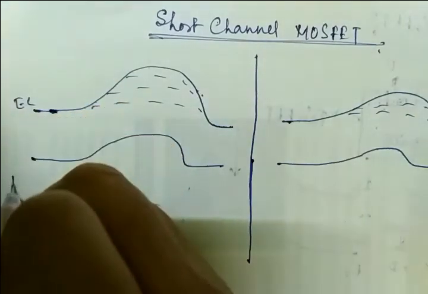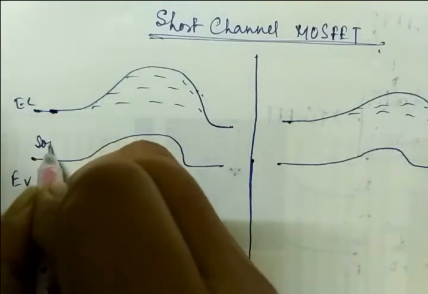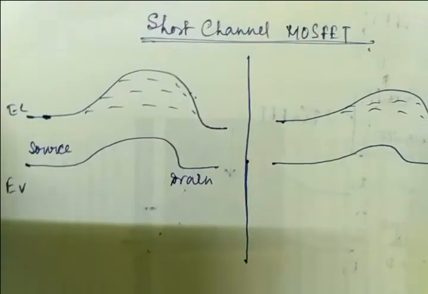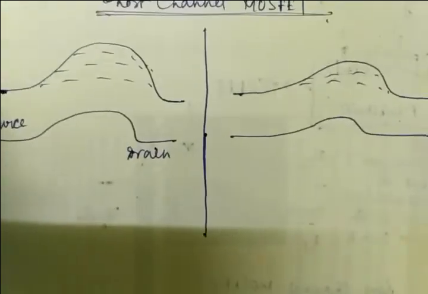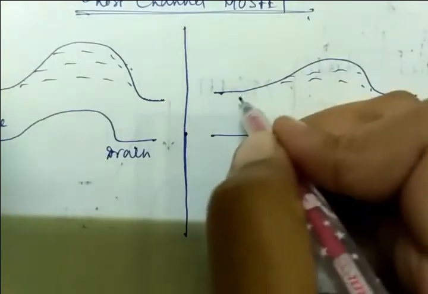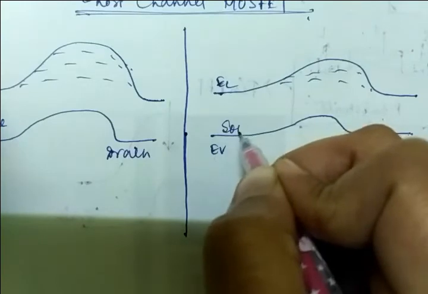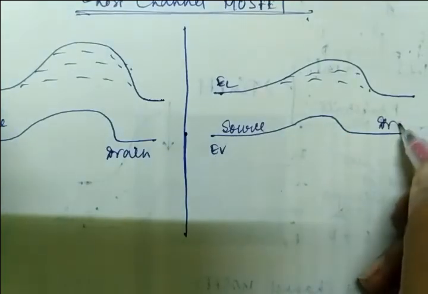This is EC, this is EV, this is source, and this is drain. And similarly, EC, EV, this is source, and this is drain.